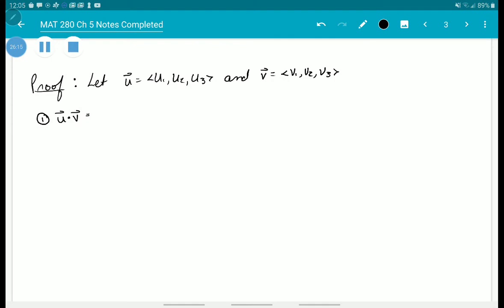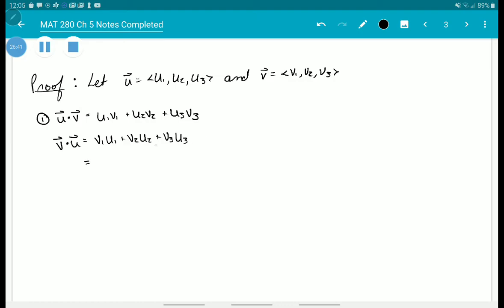So if I were to dot these two together, I'm going to get u1 v1 plus u2 v2 plus u3 v3. Now if I were to take v and dot it with u, I would get v1 u1 plus v2 u2 plus v3 u3. Now these are almost the same. What's different is that order.